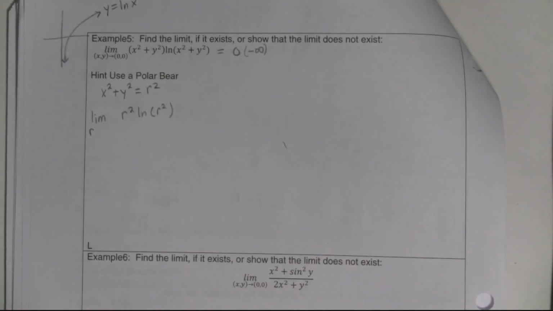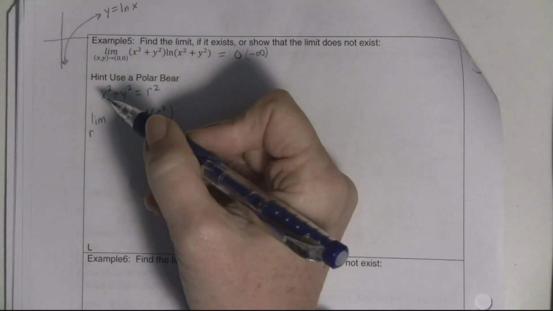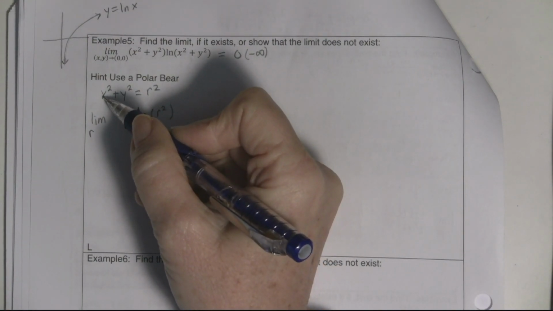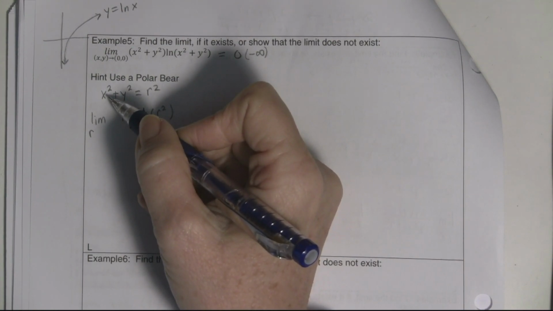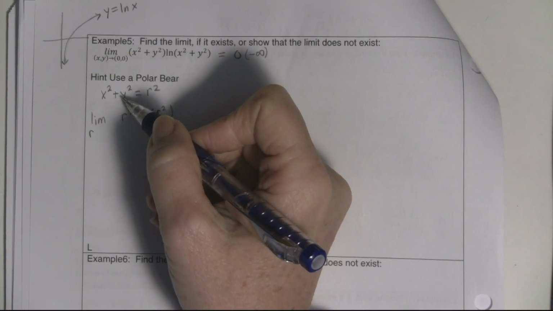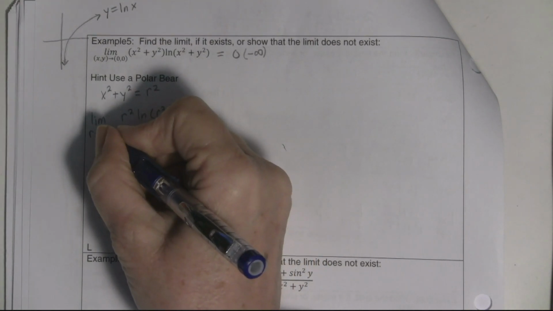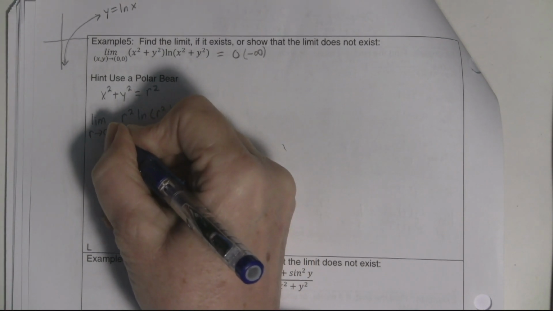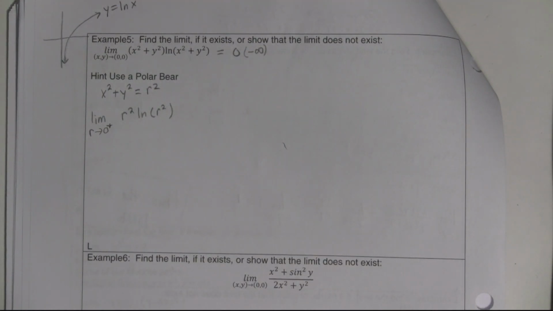Thinking about this graph over here, no matter if x is positive or negative, when you square it, it's positive. And if y is positive or negative, when you square it, it's positive. So really, r is getting closer to 0, but we want to keep it on the positive side there.